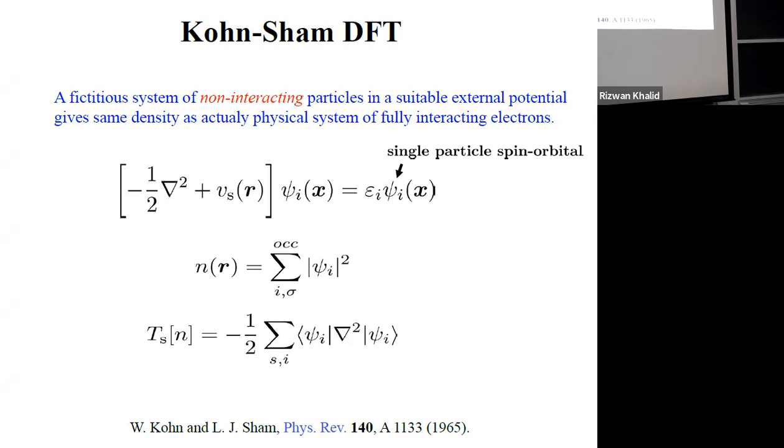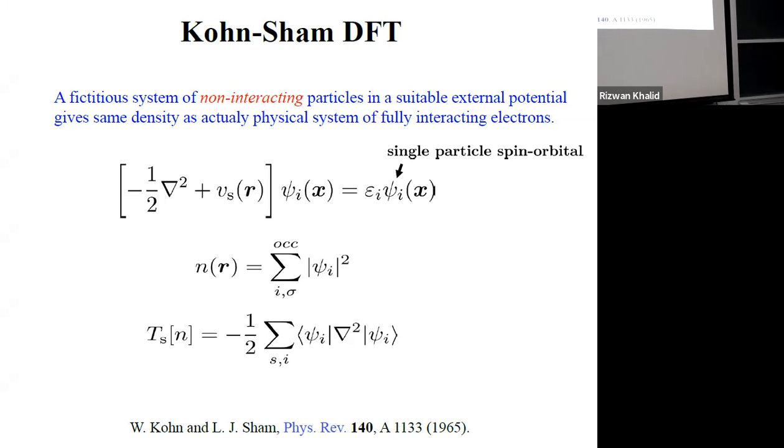In that sense, Kohn-Sham DFT depends on the density function and also on these Kohn-Sham orbitals. So it's not truly a density functional theory. It's a theory which depends on the density function and orbitals.